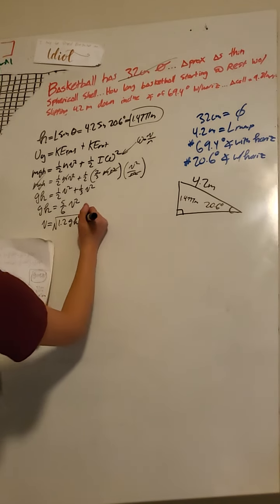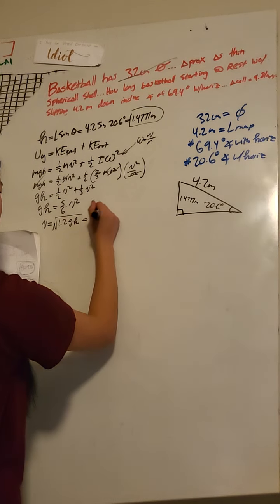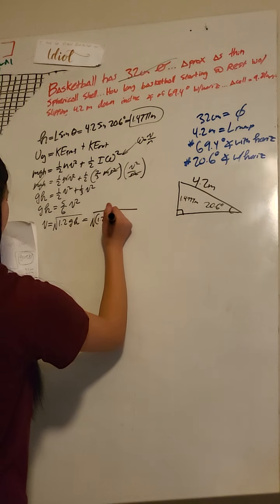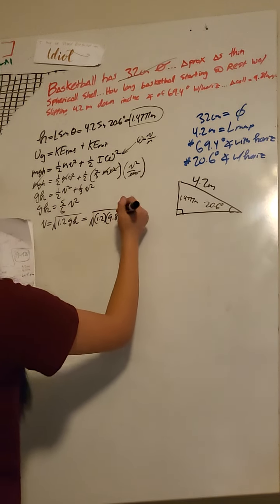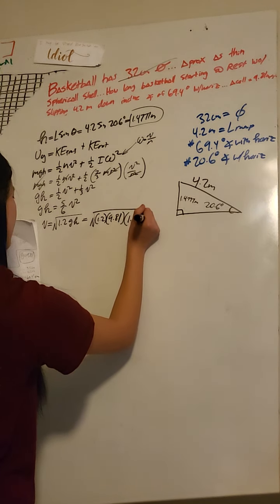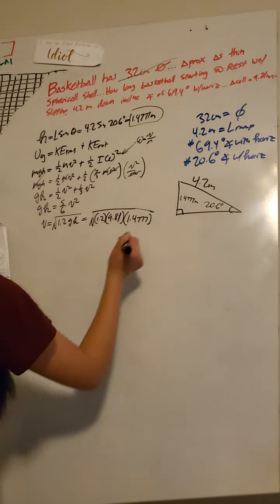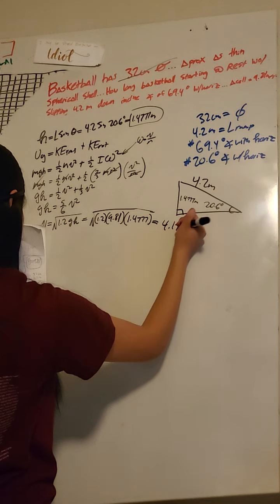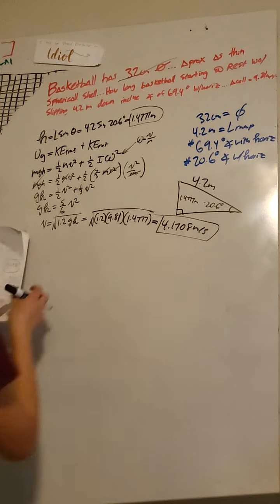Now if we plug our numbers into that velocity formula, we have the square root of 1.2 times 9.81, which is the acceleration due to gravity, all multiplied by 1.4777, the height of the ramp we calculated before. Solving that out, the velocity is equal to 4.1708 meters per second. We're going to box that and save it for later.